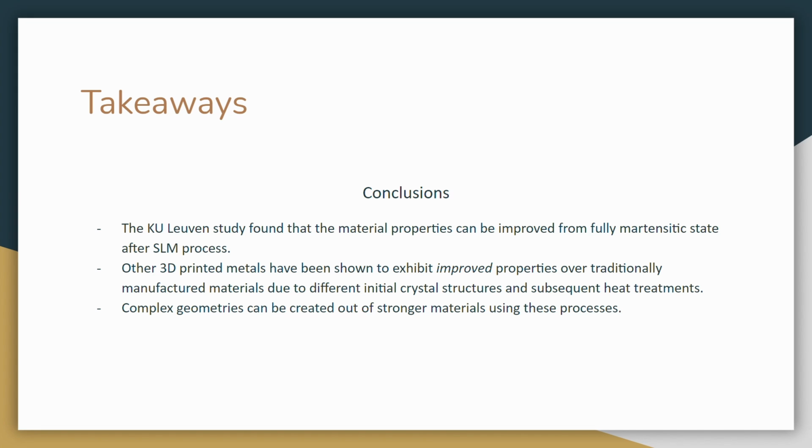One further takeaway here is that complex geometries can be created out of stronger materials using these processes moving forward. So the current applications are drone manufacturing, aerospace, and plumbing, to name a few, and future applications include medical devices due to the easier production of biocompatible materials, prosthetics, and aerospace.